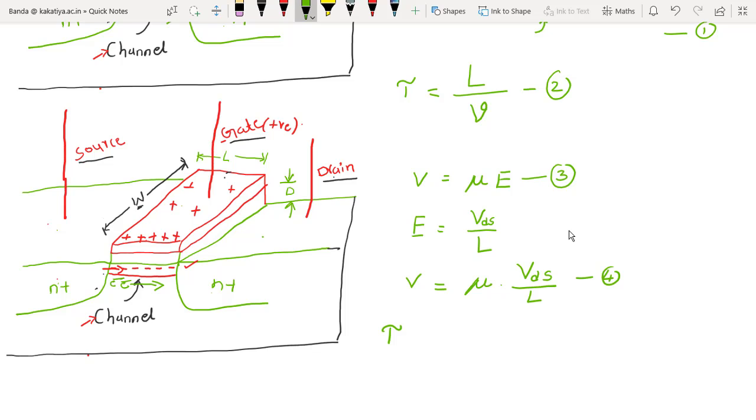Then tau becomes L by mu into VDS by L. If you bring L upside, then tau is equal to L square divided by mu into VDS. So this is expression number 5.